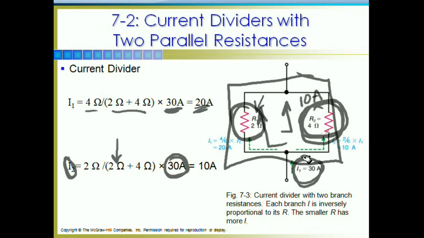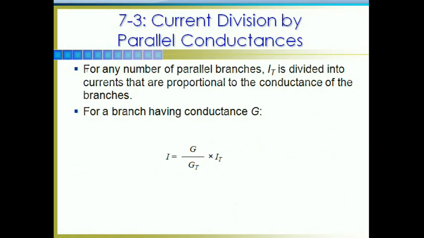And that will account for my total current of 30 amps. As we know, parallel circuit, current divider. This is great for a 2 resistor set. It doesn't work for any other configuration.